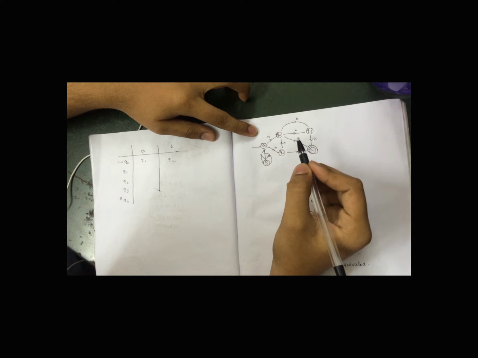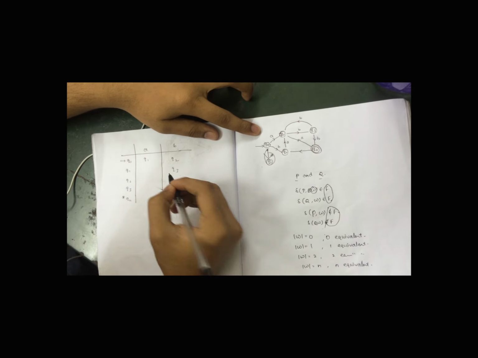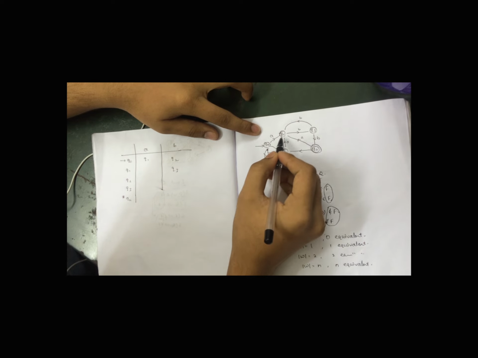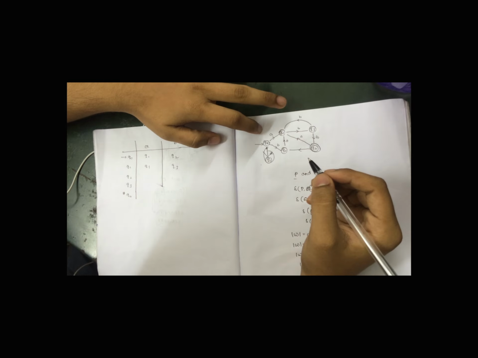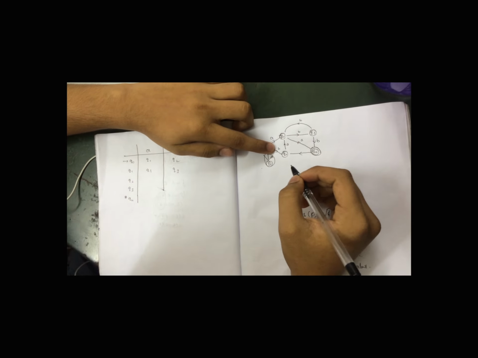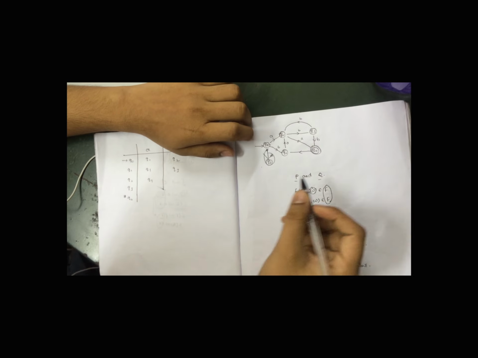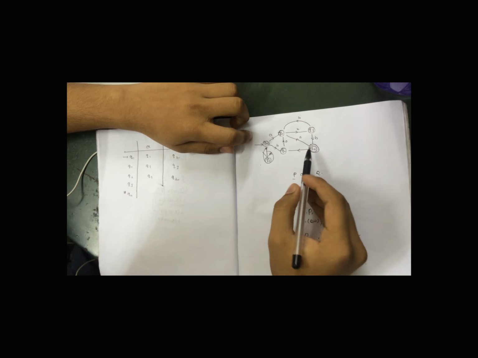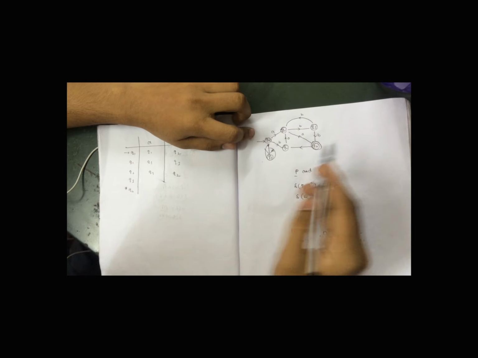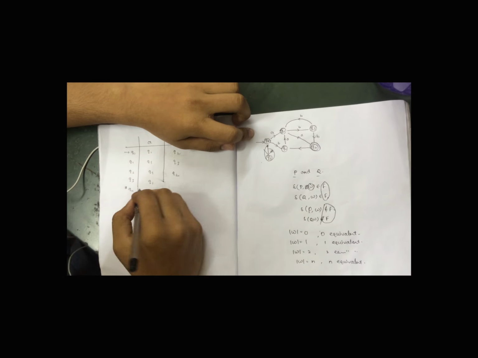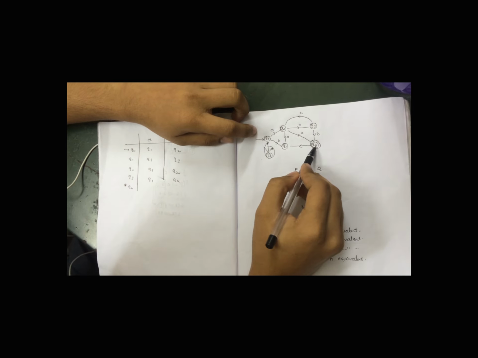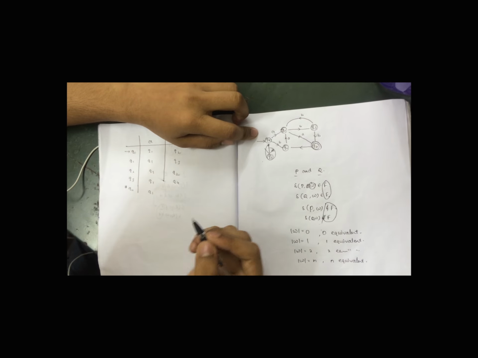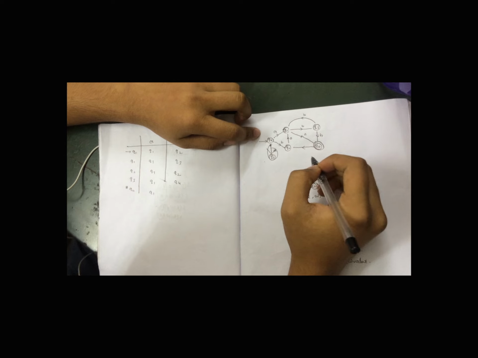Q1 on B goes to Q3, and Q1 on A goes to Q1. Q2 on A goes to Q1, and Q2 on B goes to Q2. Q3 on A goes to Q1, and Q3 on B goes to Q4. Q4 on A goes to Q1, and Q4 on B goes to Q2.